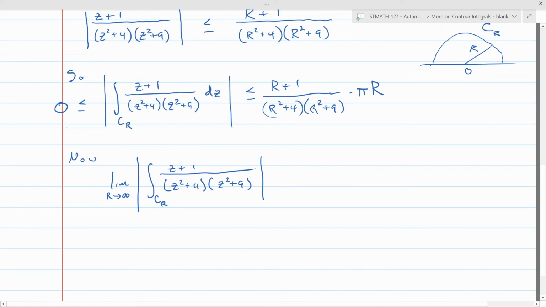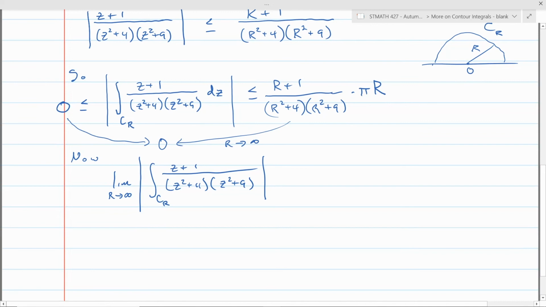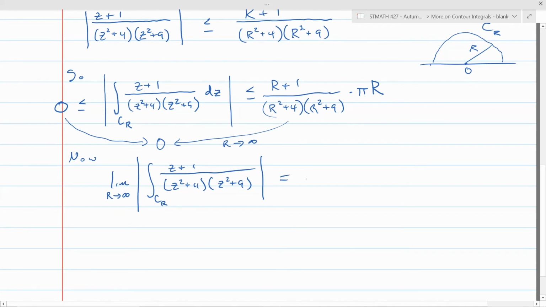The modulus of that integral that we're looking at is certainly bigger than 0 because you're taking moduli. So it's bounded between two expressions that, as R goes to infinity, both go to 0. So we end up with the limit of that expression equal to 0. Just a simple application of the squeeze law there.